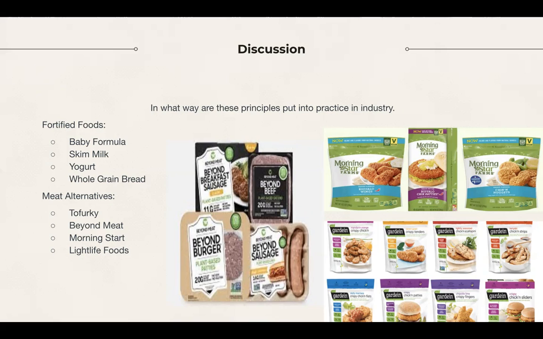For fortified foods, we can find vitamins as well as metals in baby formula, skim milk, yogurt, and whole grain bread. For meat alternatives, we have options like Tofurky, Beyond Meat, Morningstar, and Light Life Foods. These are becoming more popular in day-to-day diets.